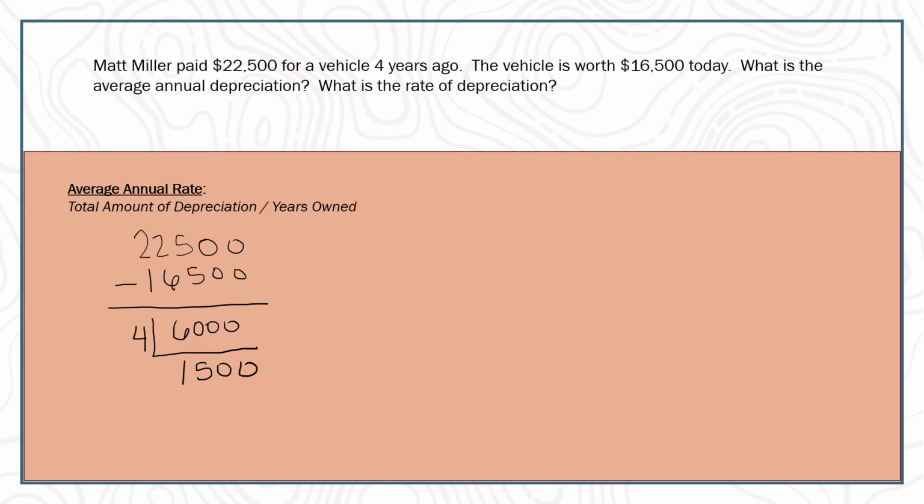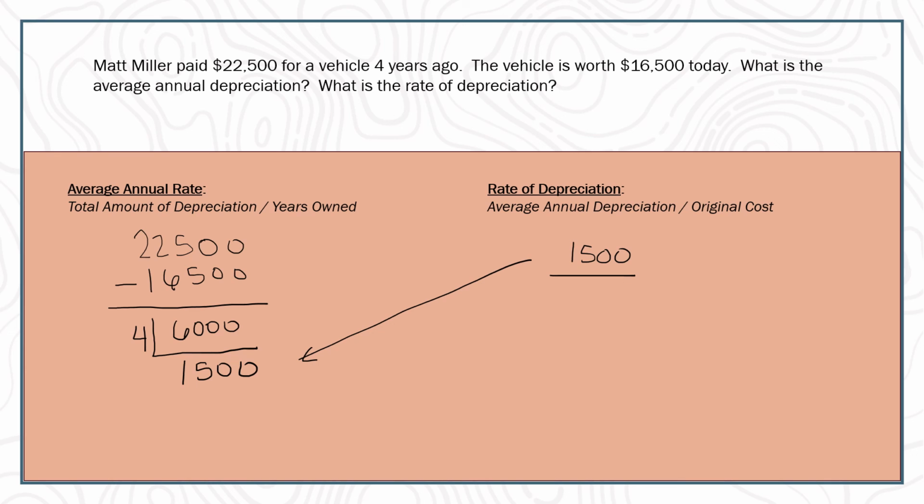Now the next question says, what is the rate of depreciation? Well, the rate of depreciation is your average annual depreciation, and you're going to divide that by the original cost. So the average annual depreciation I have is $1,500. That's what I calculated, right here. The original cost that Matt paid is $22,500.